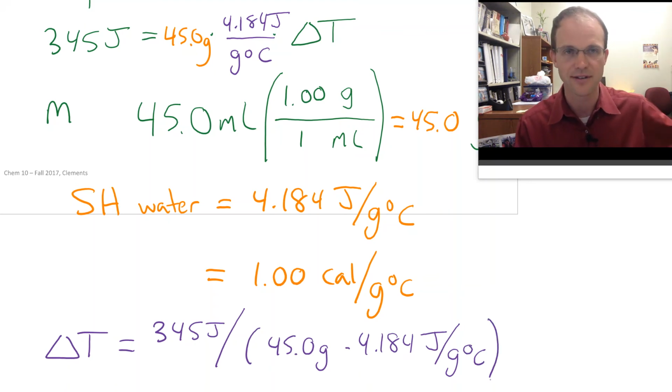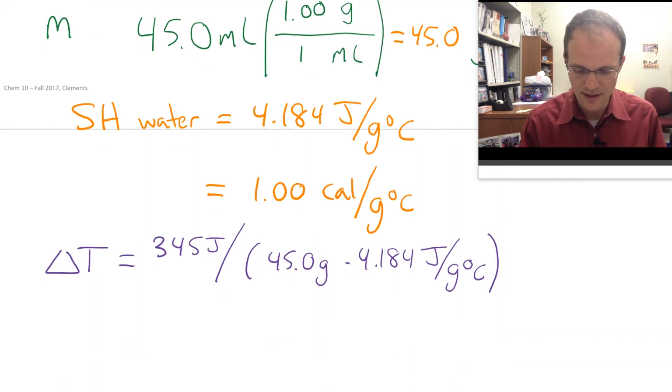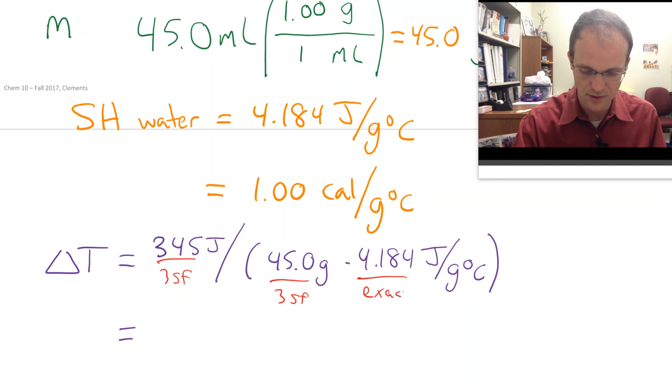Remember, if you don't know the units at the end, you're just making them up. You plug that into your calculator, and your calculator gives you a number. What about our sig figs? We've got 3 sig figs in this number, and 3 sig figs in this number. This one, if you remember, is exact, so we don't have to worry about its sig figs. So we should have 3 sig figs in our answer.